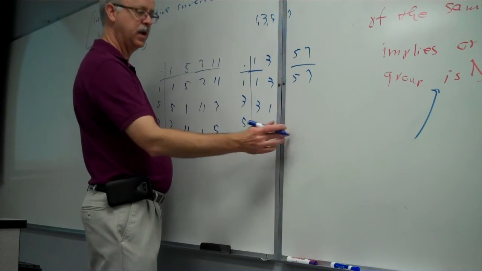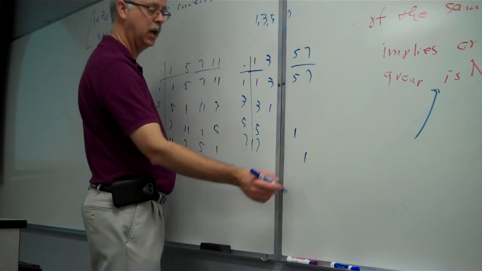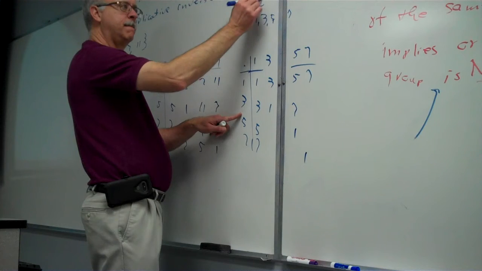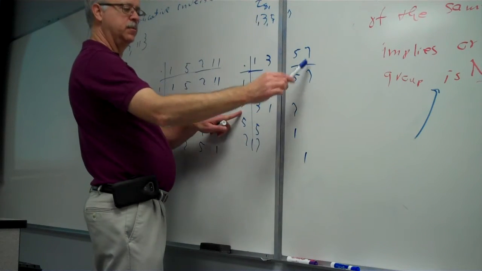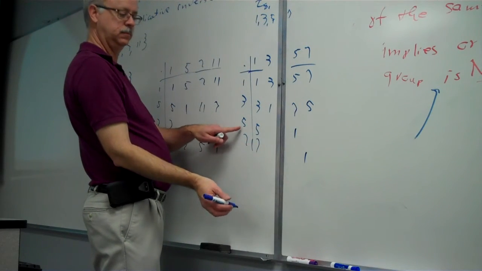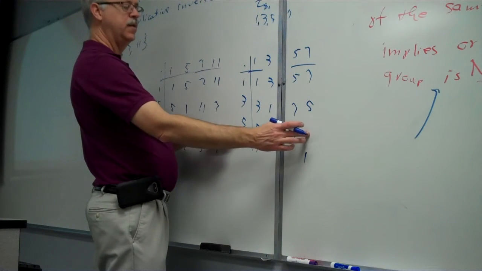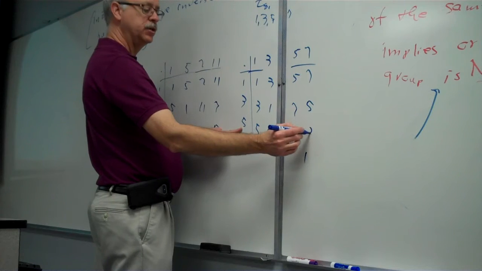Three times 3 was 1, 5 times 5 was 1, 7 times 7 was 1, 3 times 5 is 7, 3 times 7 was 5, 5 times 7 is 35, otherwise known as 3.